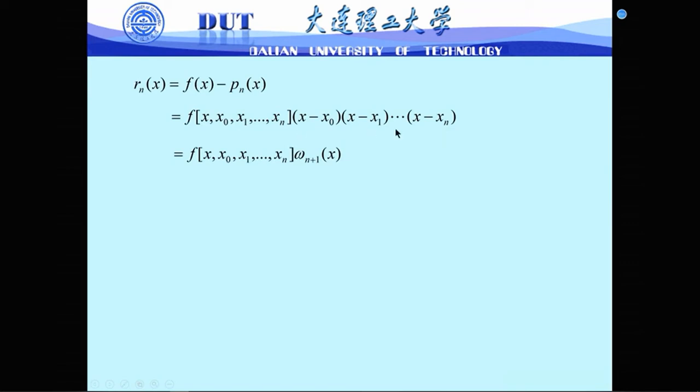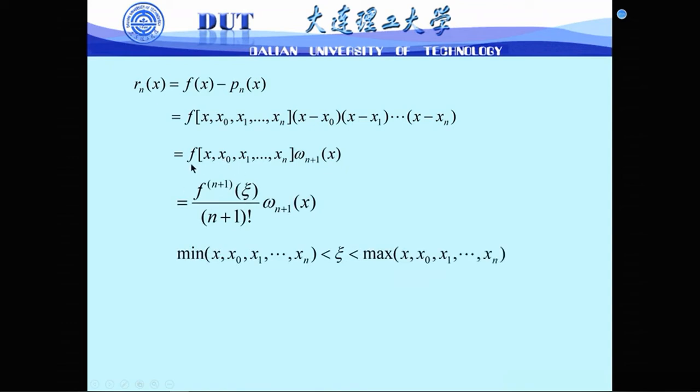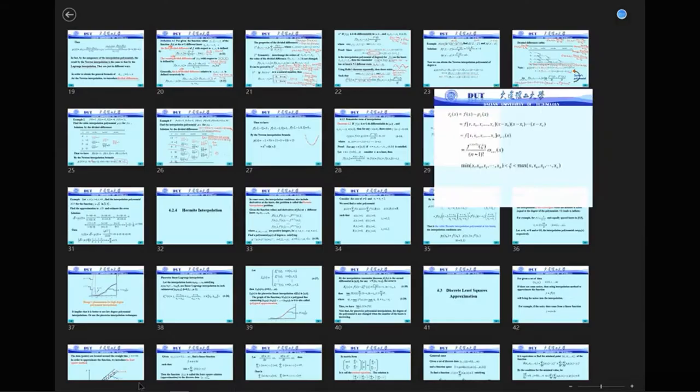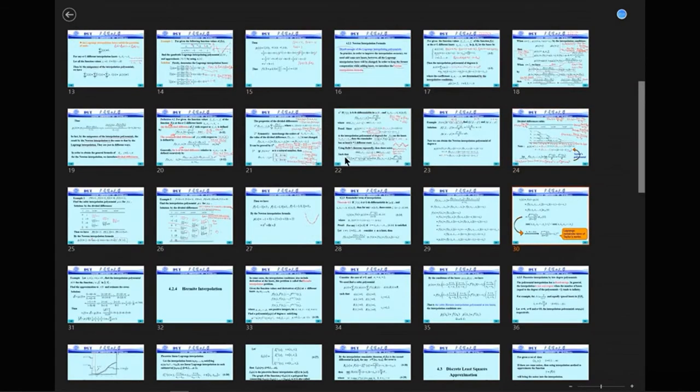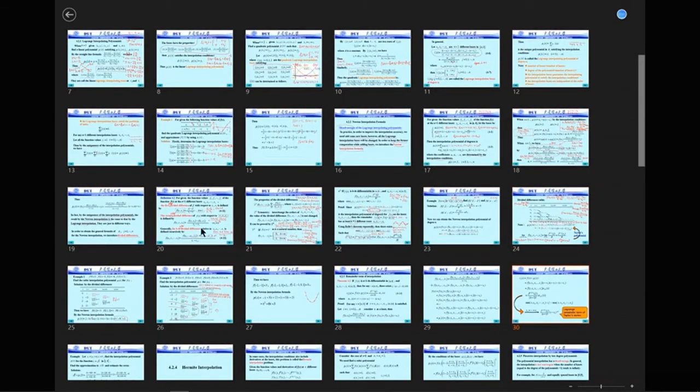Okay, so the last step is just to use the relation between divided difference and the derivative. We talked about this property before, right? Here, I remind you here.